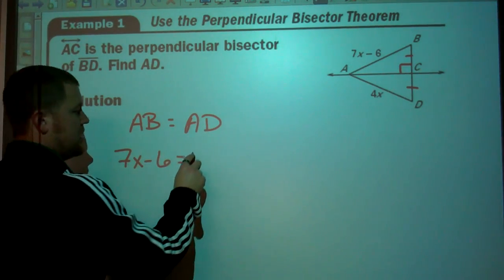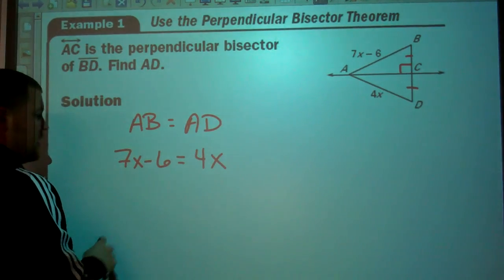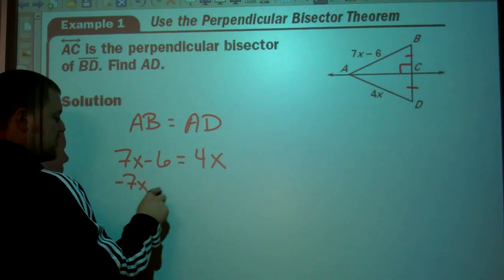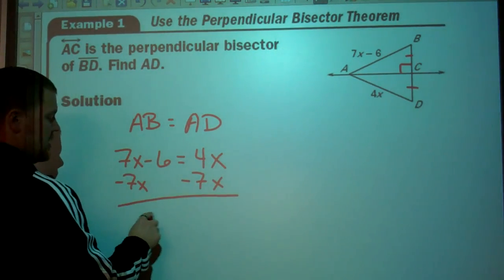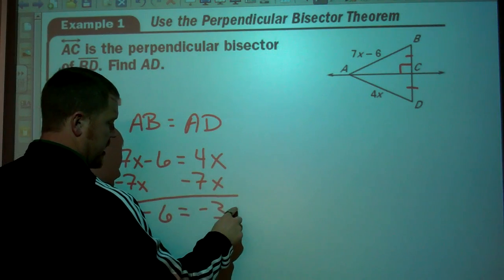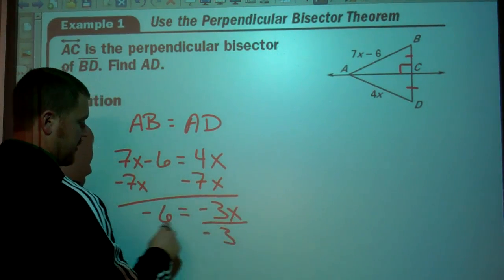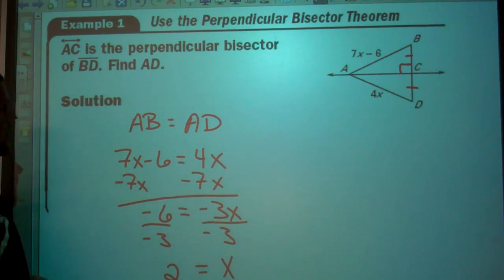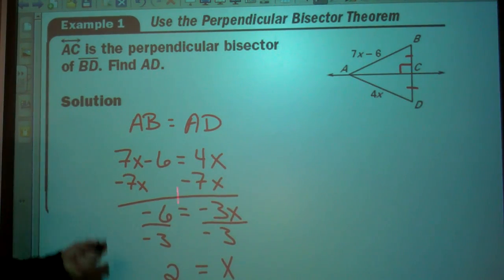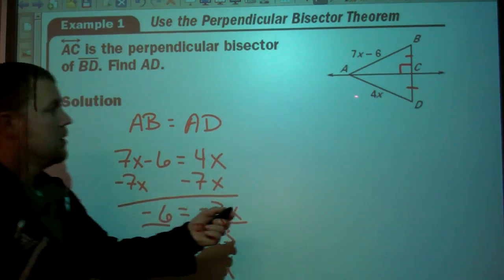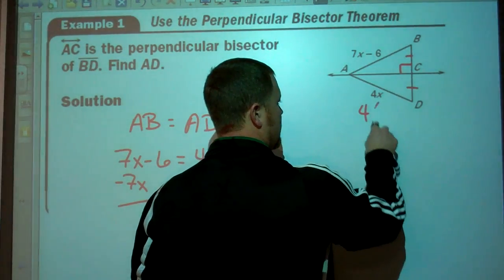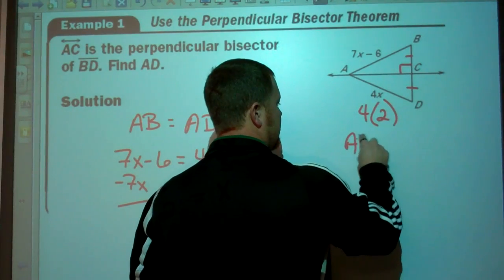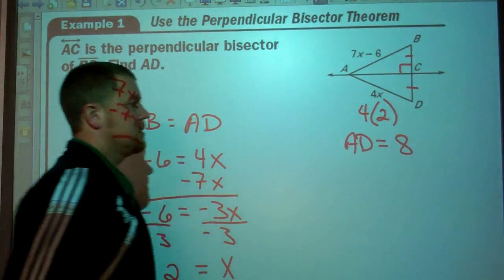The length of AD is 4x. Subtract 7x from both sides. You get negative 6 equals negative 3x. Divide by negative 3. X equals 2. They're asking us to find the length of AD. Well, x is 2. AD is 4x, so 4 times 2, so length AD equals 8.